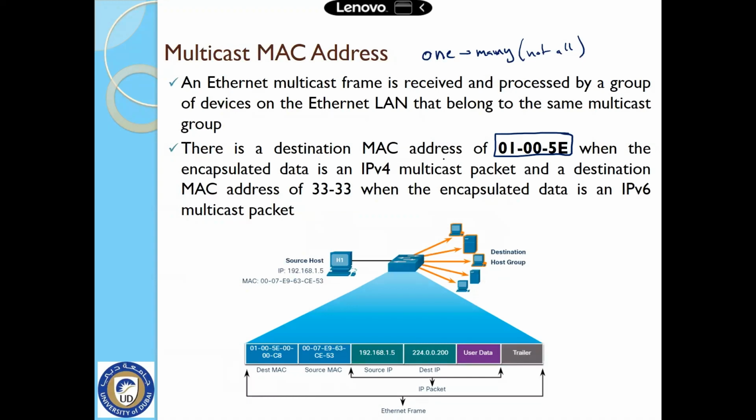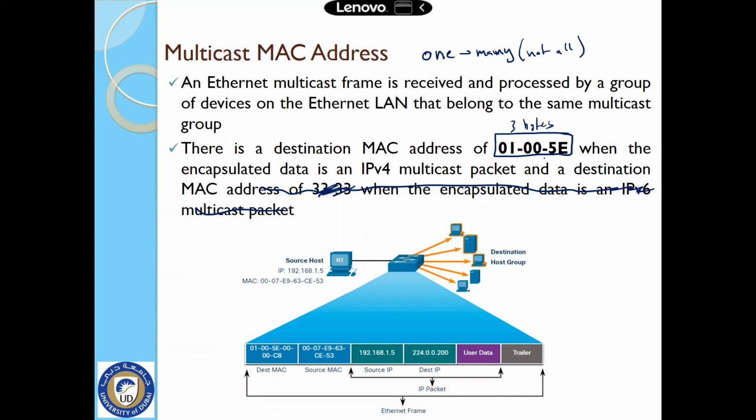So there is a destination MAC address. So these are the first 3 bytes, when they encapsulated that on IP version 4. Let's not worry about IP version 6. So for IP version 4, memorize this address. It's 01005E.